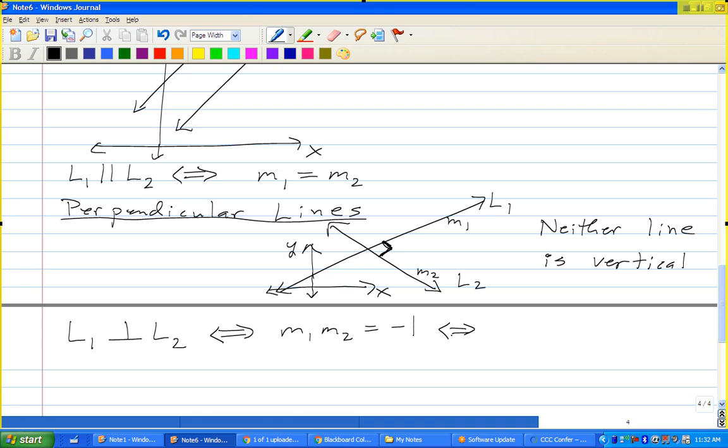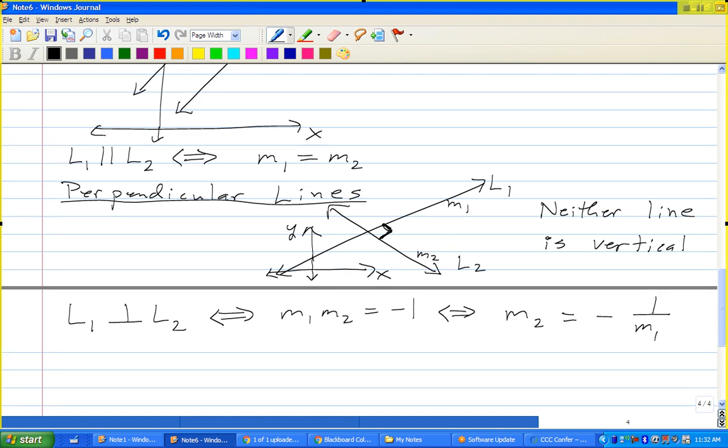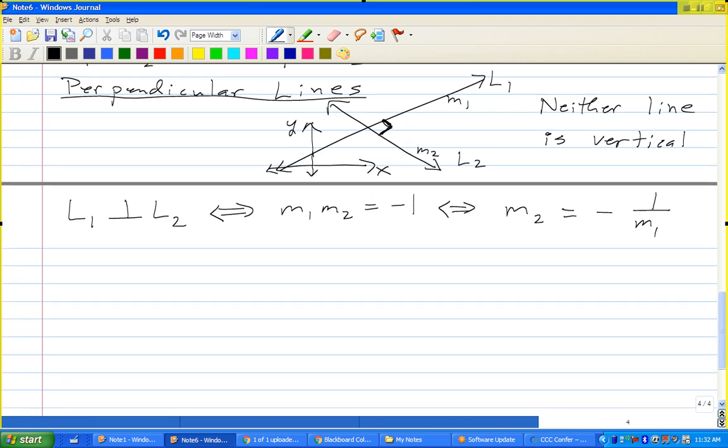This is the same as saying that two lines are perpendicular if the slope of one of the lines is equal to the negative reciprocal of the slope of the other line. Of course, we can also say that this is true if one of the lines were vertical, with the understanding that infinity times 0 is -1, and the reciprocal of 0 is infinity, and the reciprocal of infinity is 0. So if you make those assumptions, then this is true in all cases.